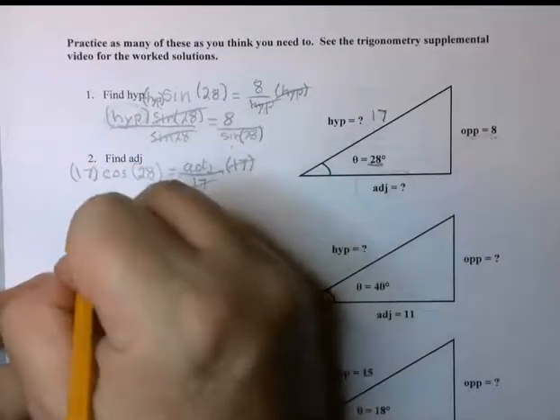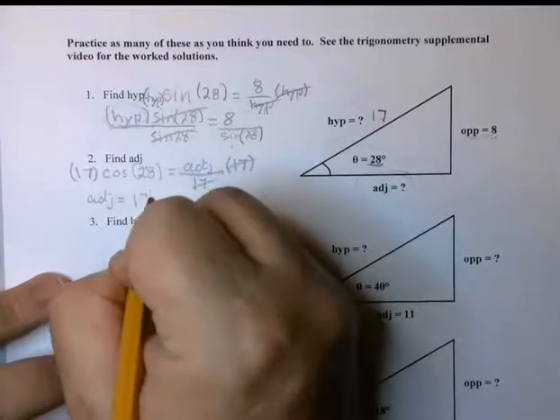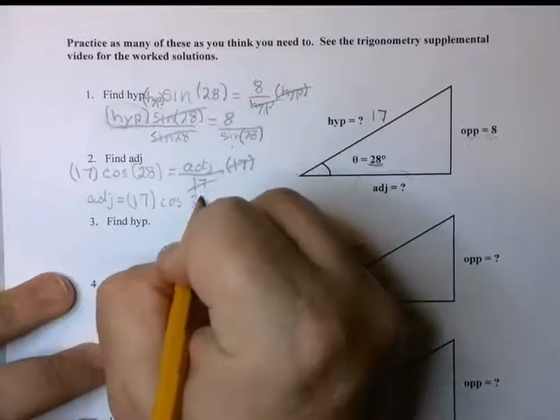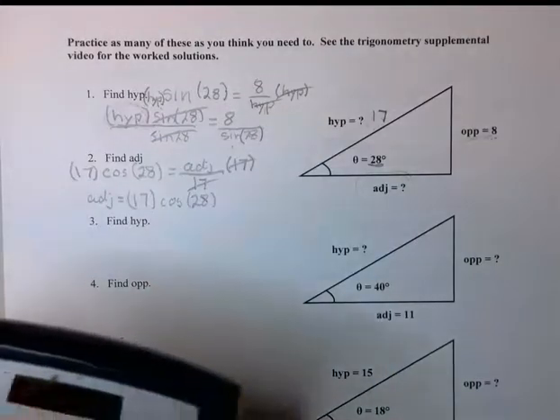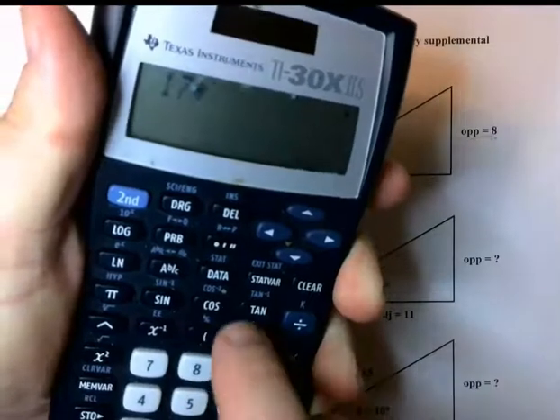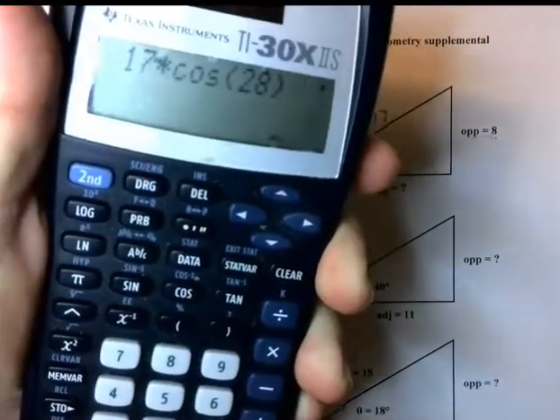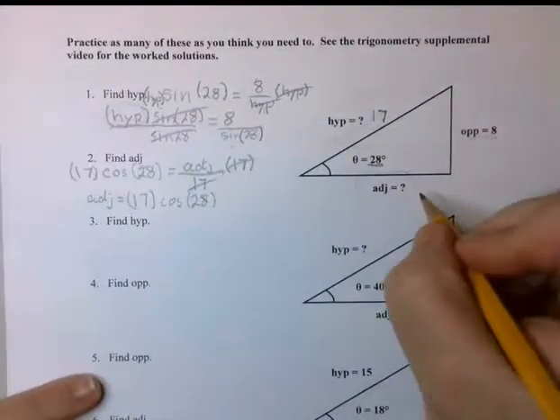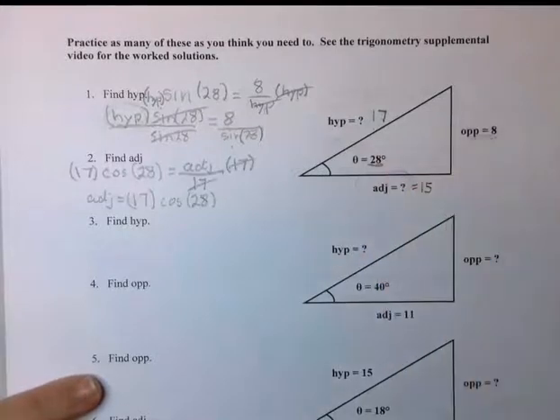So that means adjacent is going to equal 17 times the cosine of 28. Okay, so let's go ahead and do that. 17 times cosine 28, close the parenthesis, and you get 15. Just call it 15, and that equals that. Okay, so there you have all three sides there.